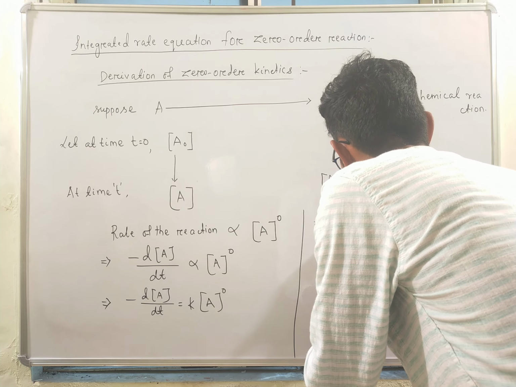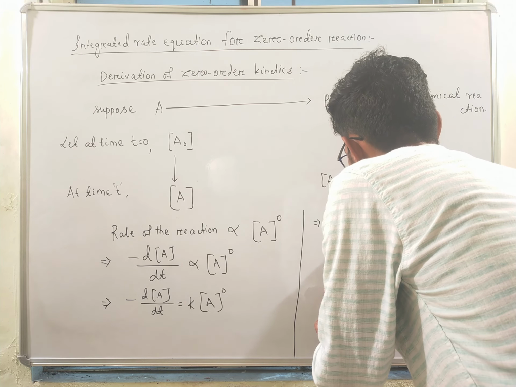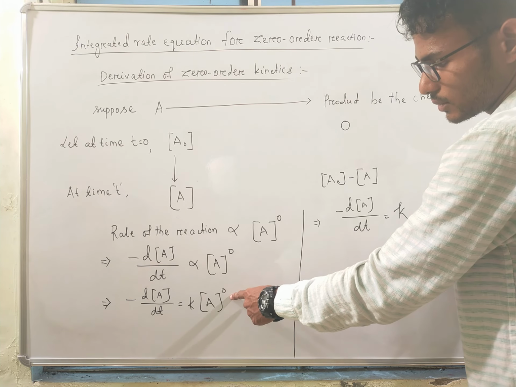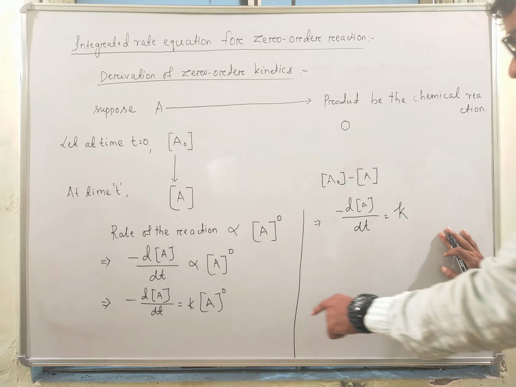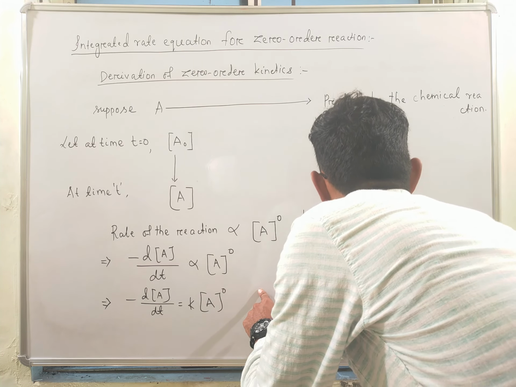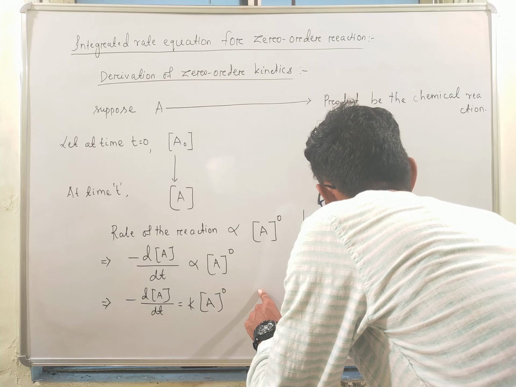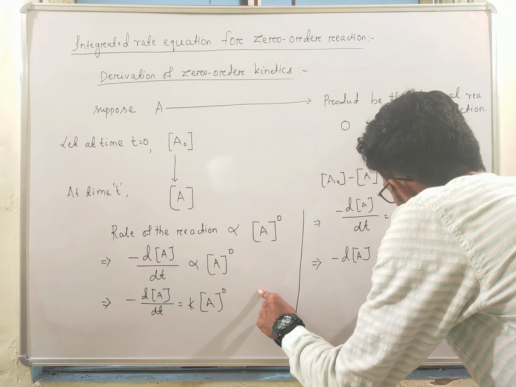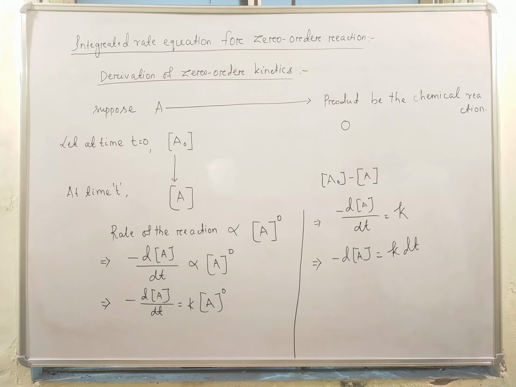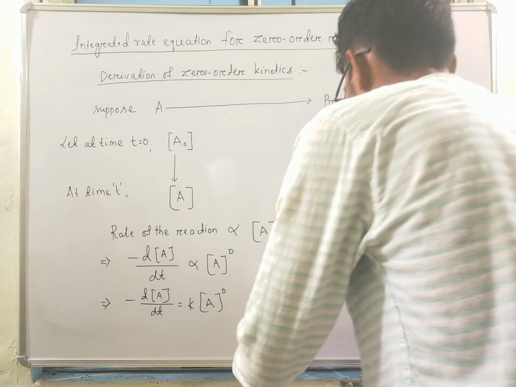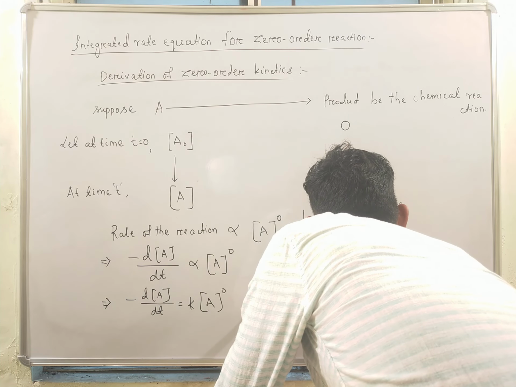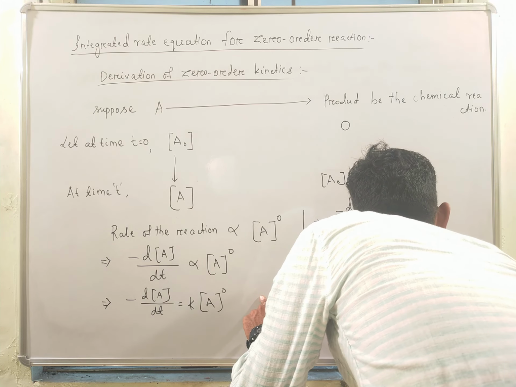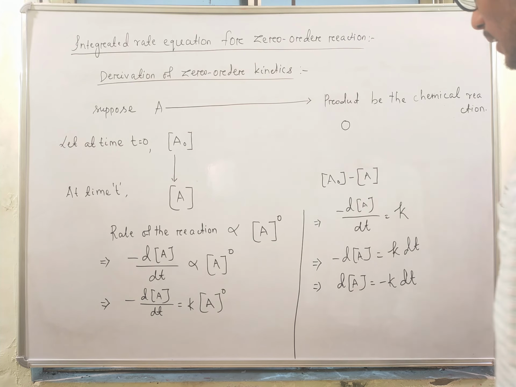Since something to the power 0 is 1, minus dA by dt will become k, which implies minus dA equal to k dt, so dA equal to minus k dt.